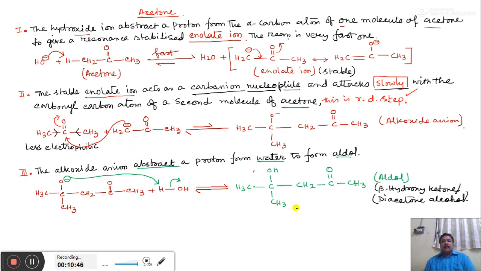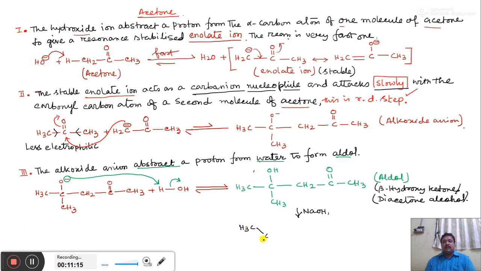Thus, the aldol was formed from acetone via aldol condensation reaction. This mechanism is very important for exams. Now, in presence of dilute alkali, this aldol eliminates one molecule of water to form an alpha beta unsaturated ketone compound.